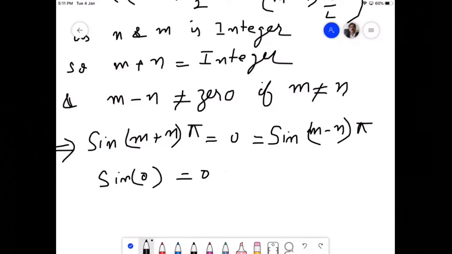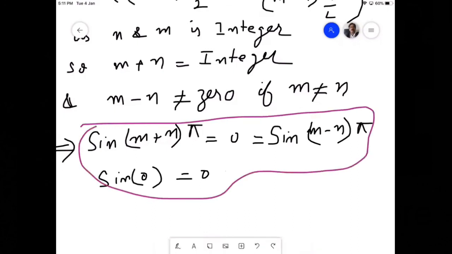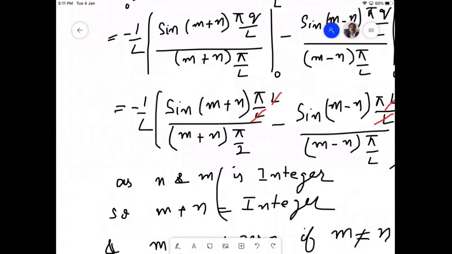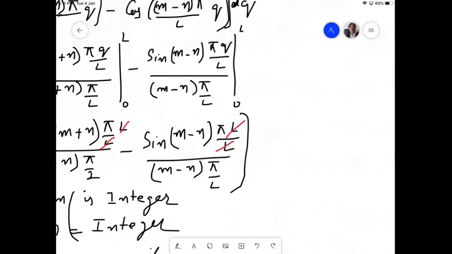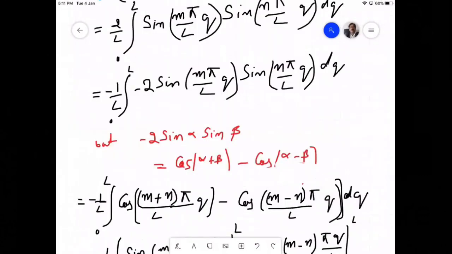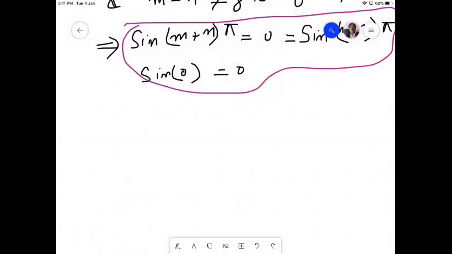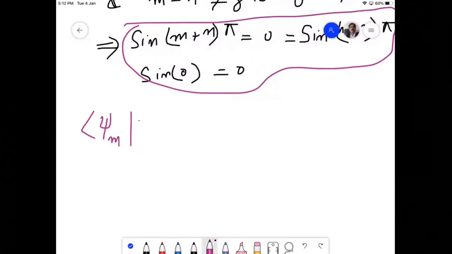When we put these values in the above equation, due to these results, psi m and psi n will be equal to 0 for m not equal to n.